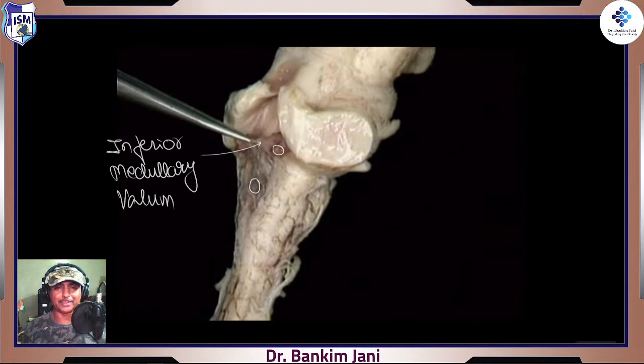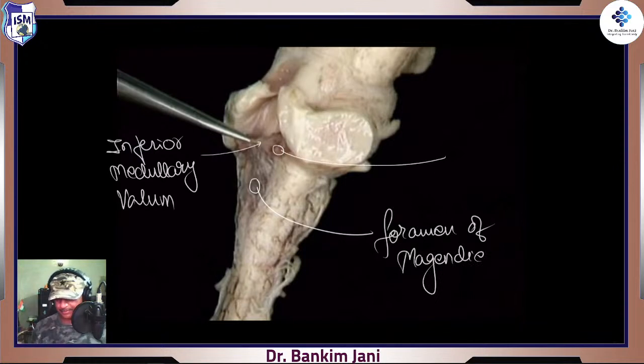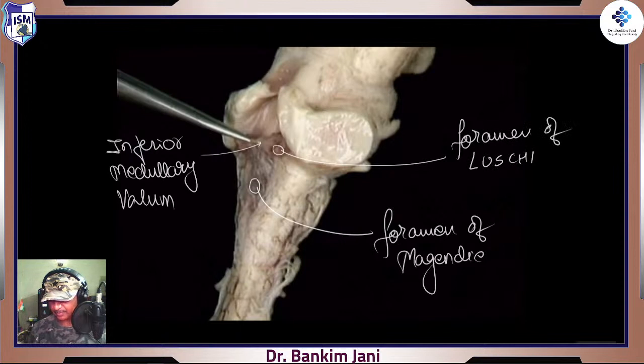That's where they open, right? So this is foramen of Magendie, and see on the lateral side, right? Similarly on the opposite side also, that is foramen of Lashka. L is for lateral, M is for median, right?